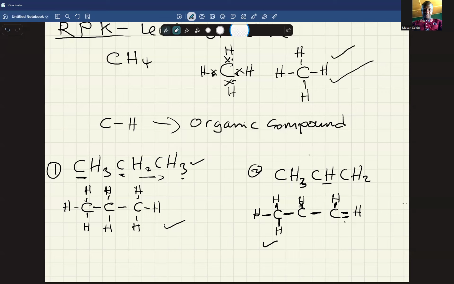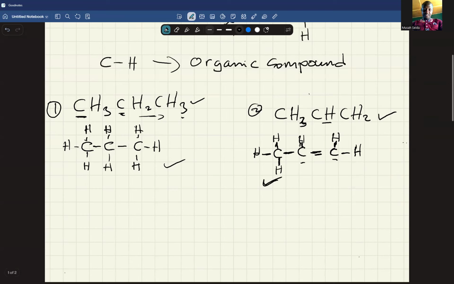So therefore, I have to put the bond here. If I put it here, now I am going to have this with 4 bonds because I have 2 here. The 2 goes for this one and that one. So I have 4 here, 4 here. So that makes it perfect. So now this got its structural formula to be this one.